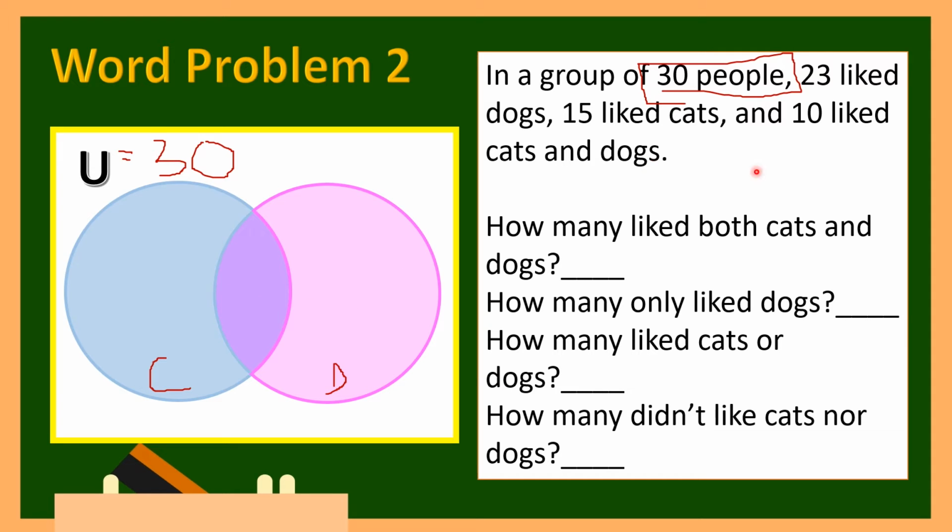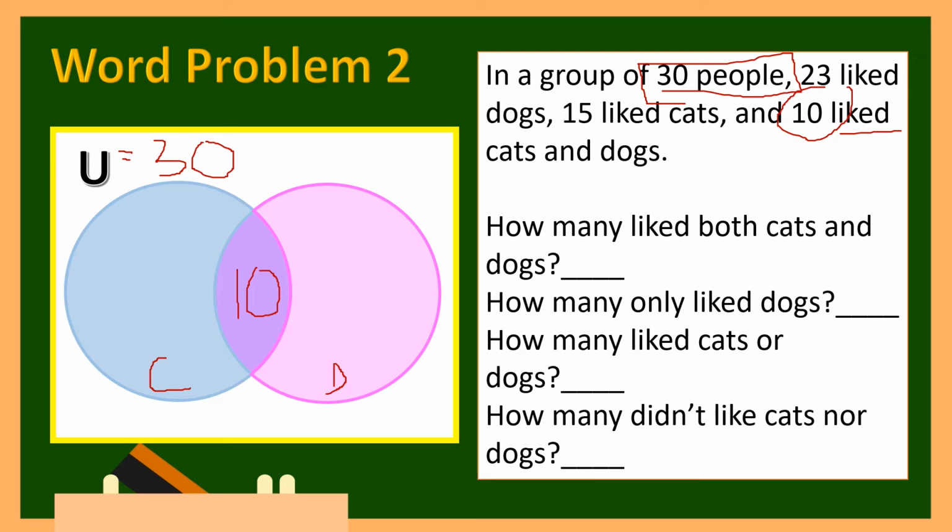Mag-uumpisa kayo sa pinakadulong given, which is yung similarities nila. Sabi dito sa problem natin, 10 like cats and dogs. Ibig sabihin, yung number of participants natin na both gusto yung cat and dogs is simply 10. Ilalagay natin yun sa gitna, which means ito po yung ating intersection.